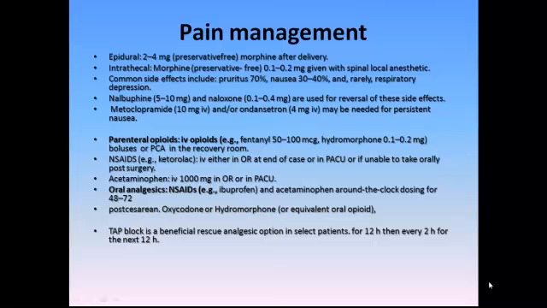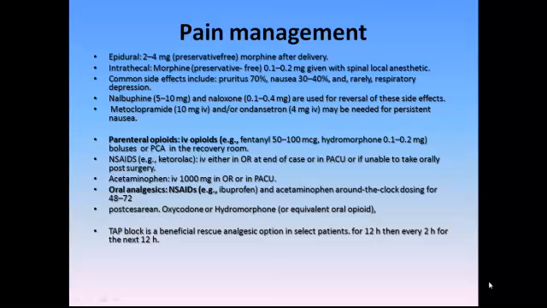Common side effects of the morphine are pruritus, nausea, and rarely respiratory depression. Nalbuphine and naloxone are used to reverse these side effects. Metoclopramide and/or ondansetron may be given if needed.